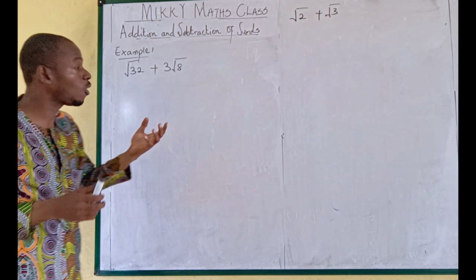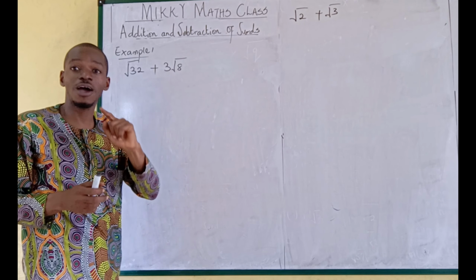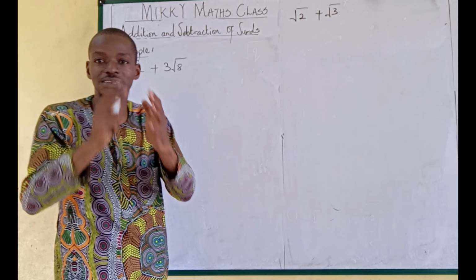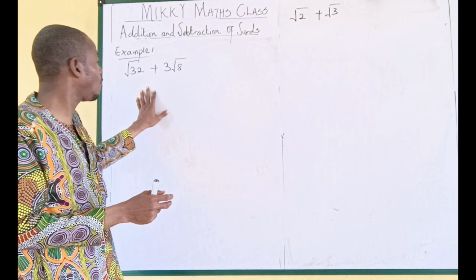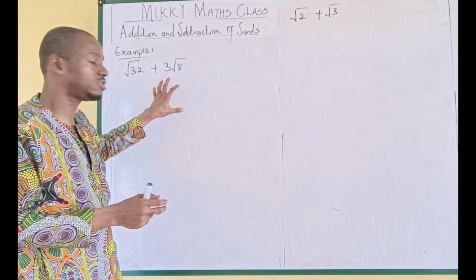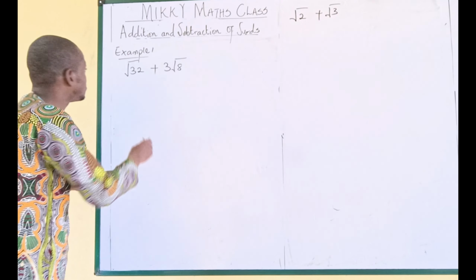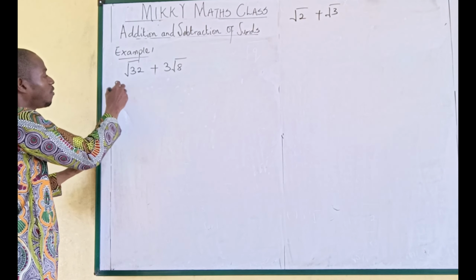Now, even though this is 32 and this is 8, the first thing, before I add, I must break them down to find out if they are similar surds. If they are similar surds, the addition can take place. If not, I cannot add them.